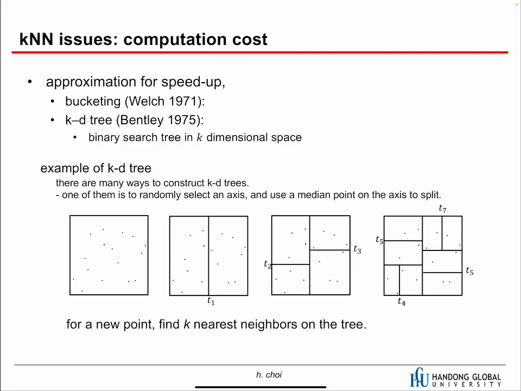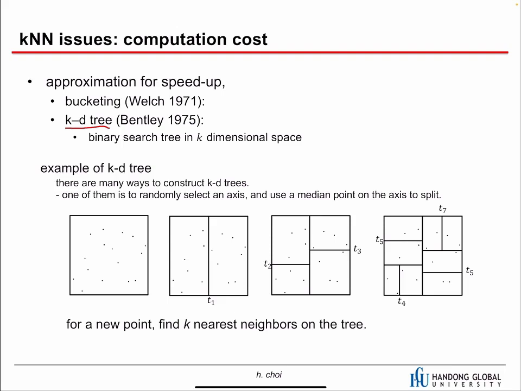There are a couple of approaches, and KD tree is the most popular, so let me explain the idea of the KD tree. Basically, a KD tree is based on the binary search tree in k-dimensional space. I think you know what a binary search tree is. You learned this from data structures. Okay, good.